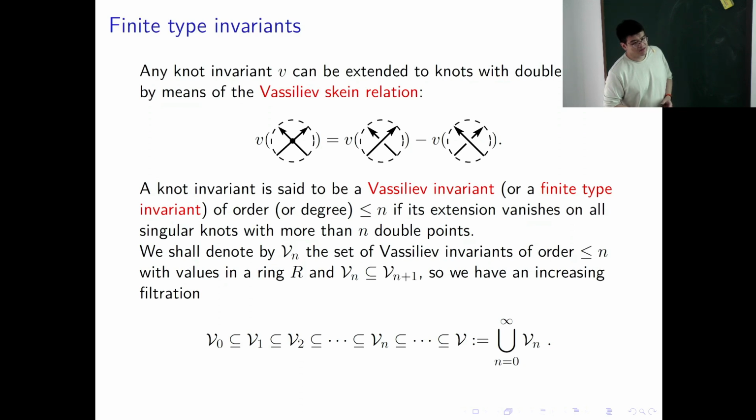This knot invariant is called a Vassiliev invariant, or finite type invariant. It is of order at most n if its extension vanishes on all singular knots with more than n double points.